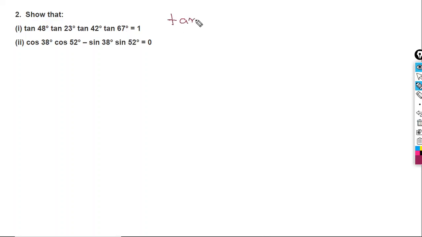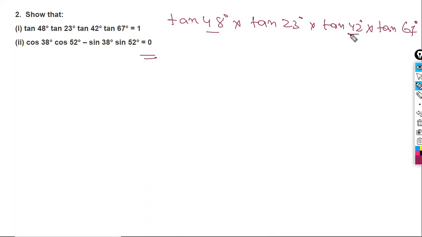tan 48 degree into tan 23 degree into tan 42 degree into tan 67 degree. Now look at this question. 48 plus 42 is 90, and 23 plus 67 is also 90.